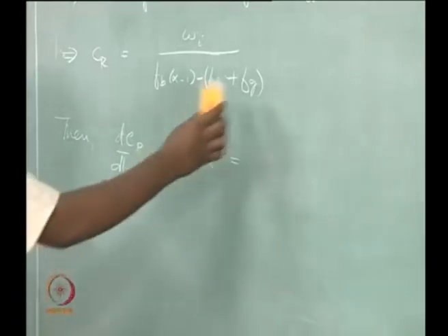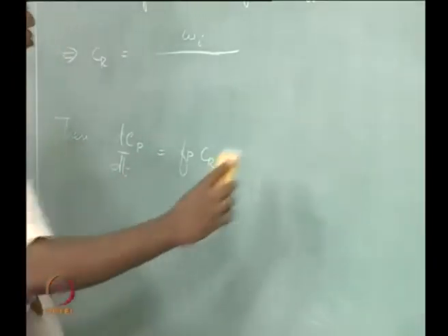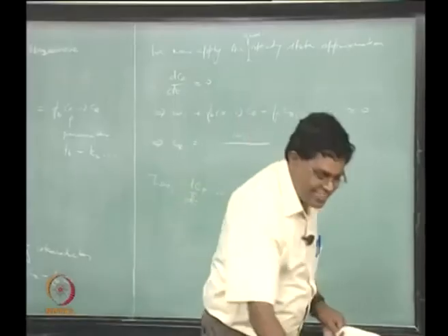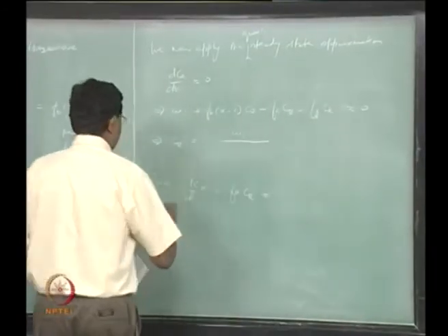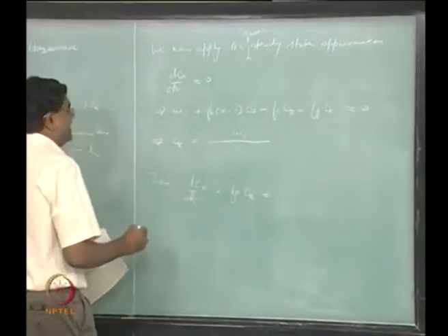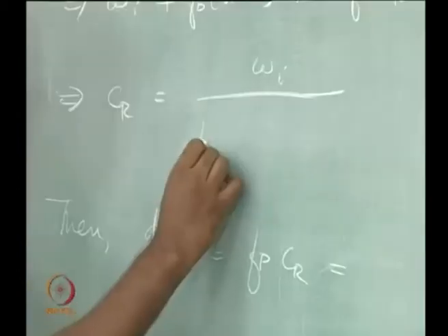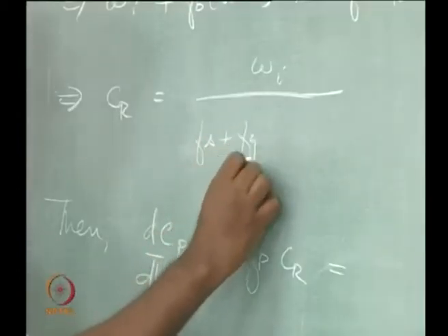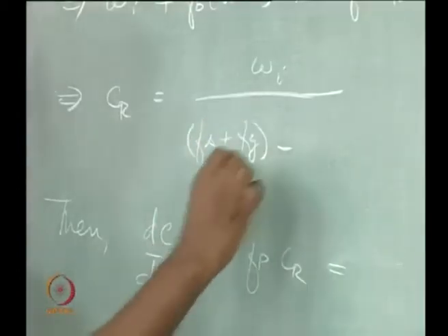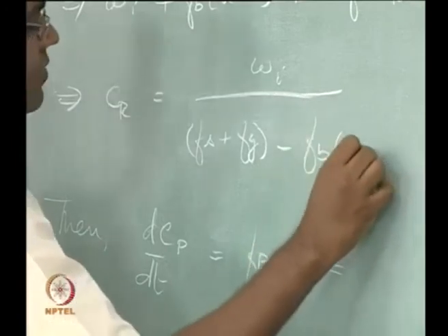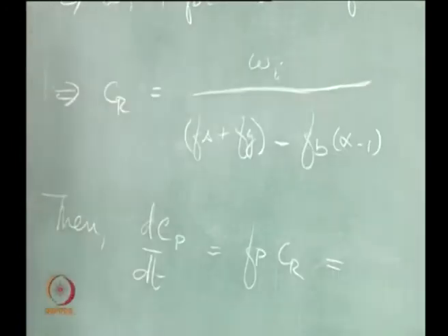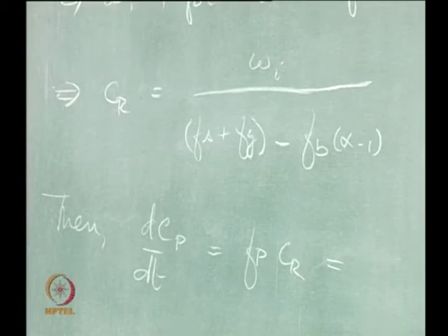Let's admit that by swapping the denominator. I don't like negative signs for concentrations, right. So we say Fs plus Fg minus Fb times (alpha minus 1). Happy? You need to keep me happy as well. Don't get negative concentrations, right.